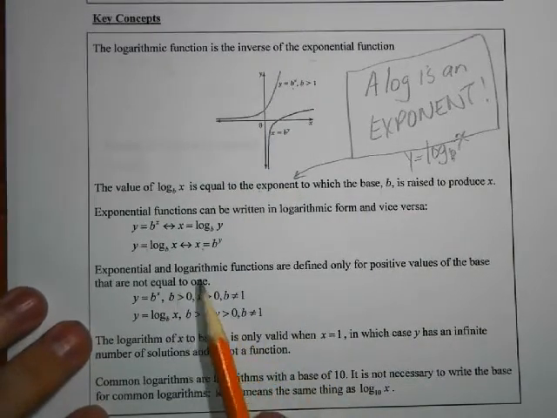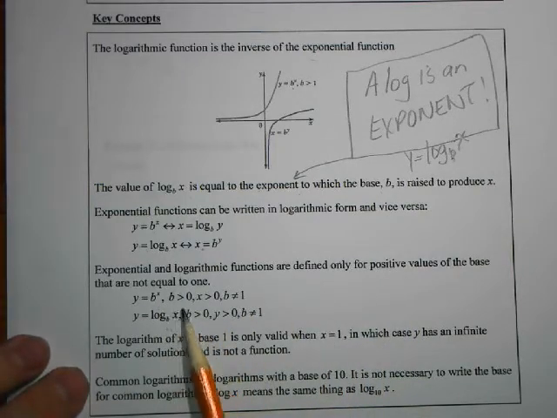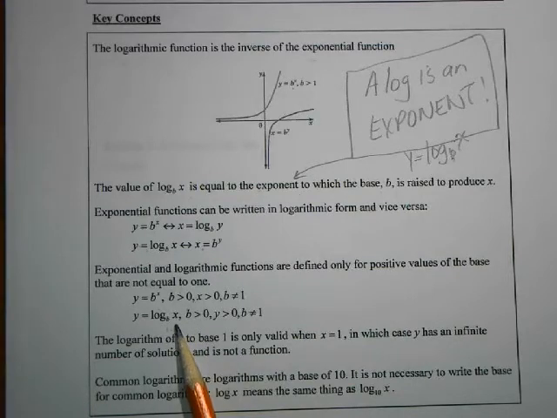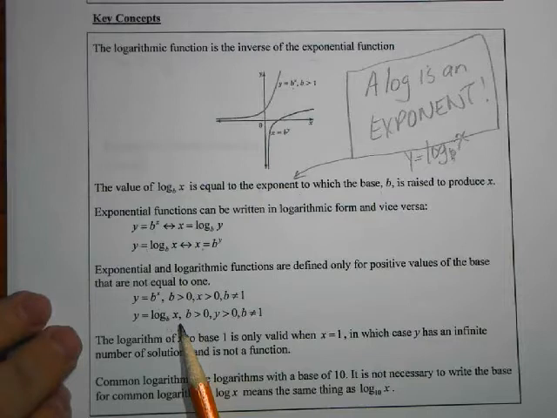I've already talked about this. The base for both exponential and logarithmic equations has to be positive, but it can't be 0, and it can't be 1. So anything bigger than 0, but not 1.